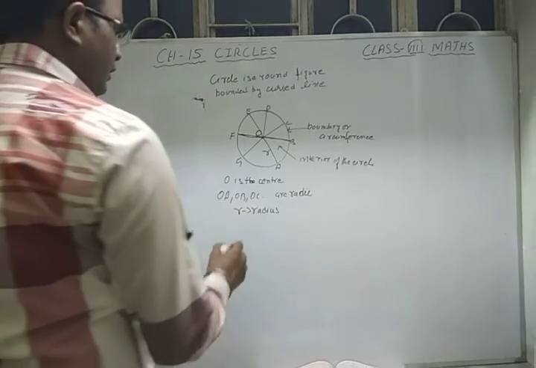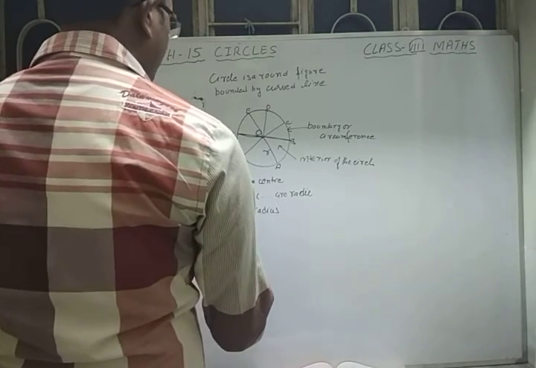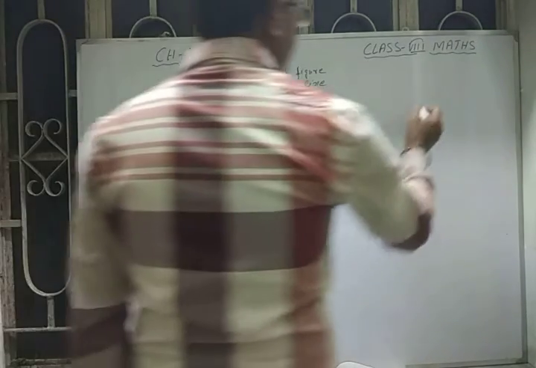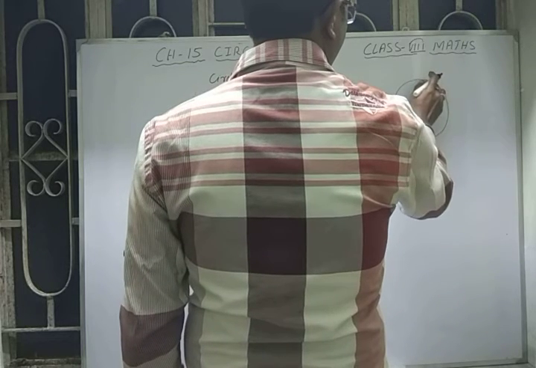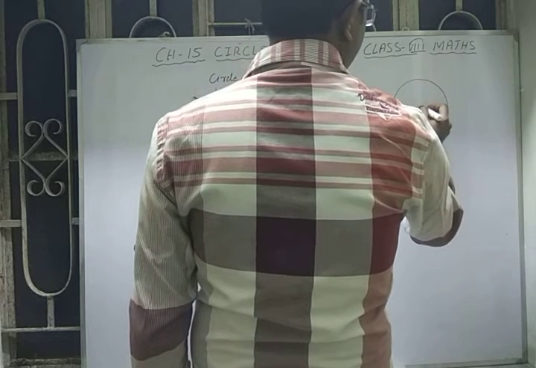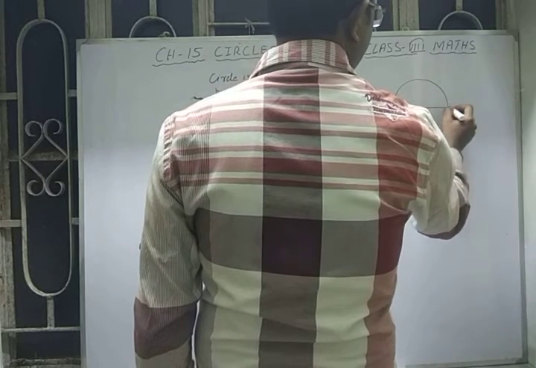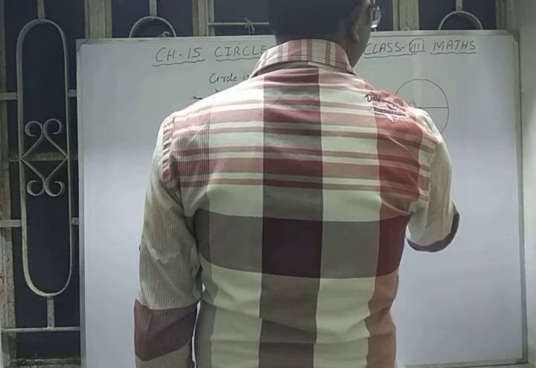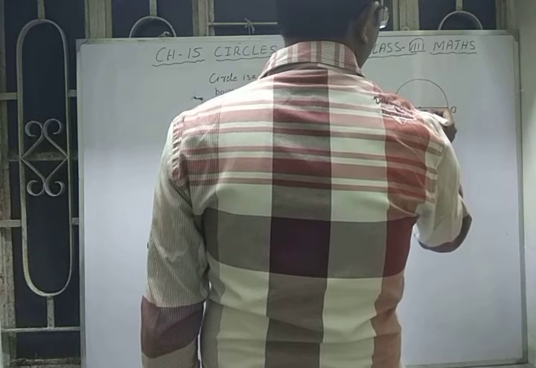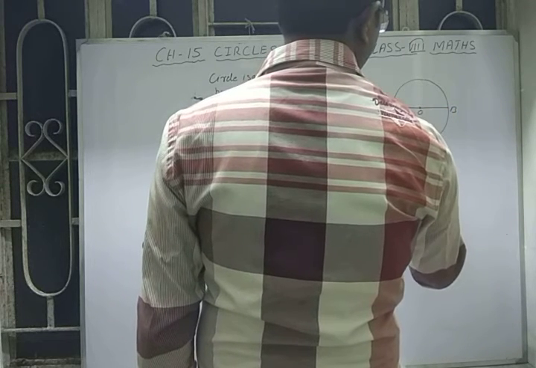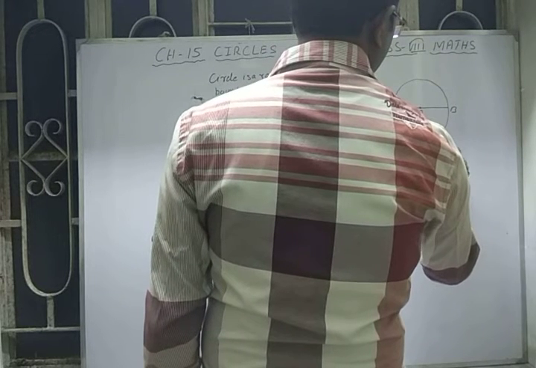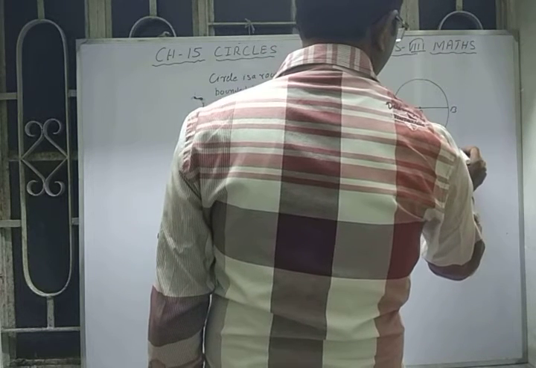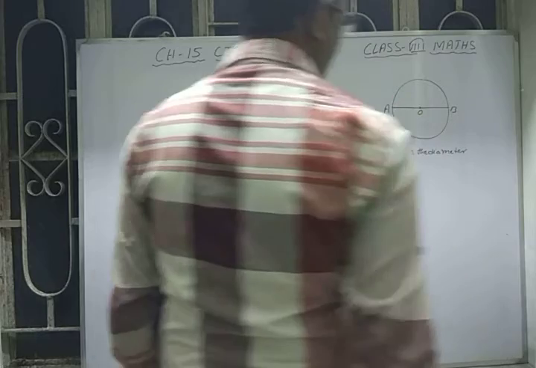So if we draw another circle like this, here is the center. If I write, this is A, B and center O. So here AB is the diameter. It is called diameter.